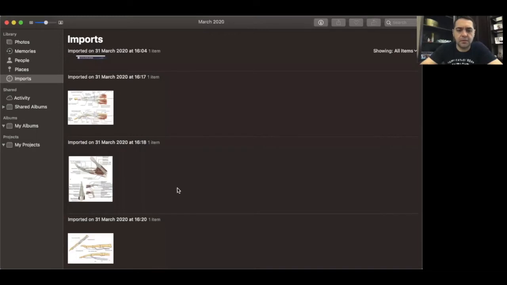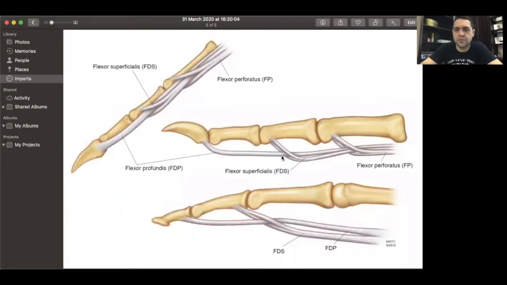Another important thing about the flexor tendons is that at the level of the digit, the superficial tendons are inserted at the level of the distal first phalanx. Here we are.